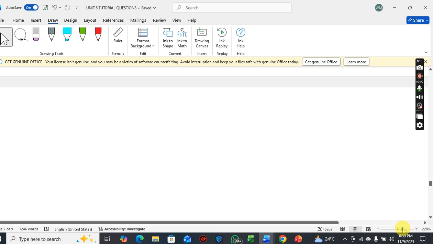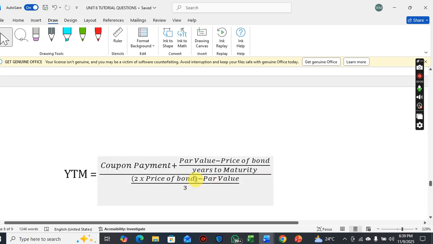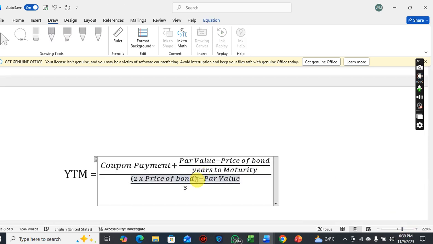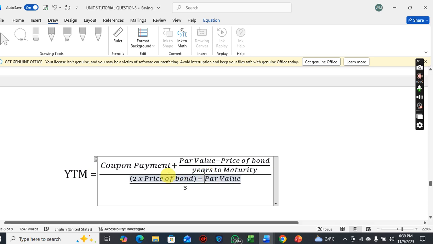According to Papa's notes, it's the coupon payment plus the par value minus the price of the bond divided by the years to maturity, divided by 2 times the price of the bond minus the par value divided by 3.